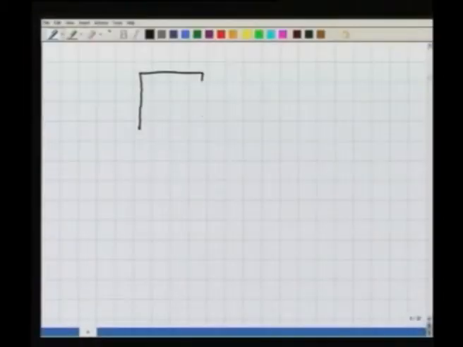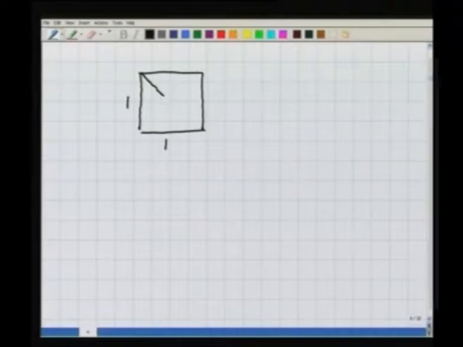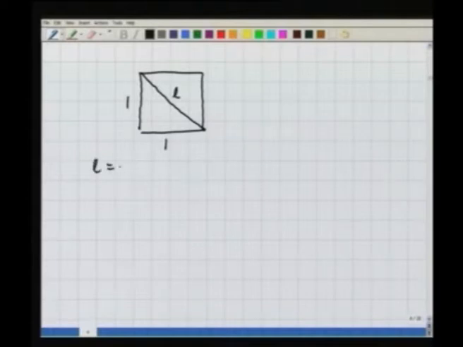Question is, are there any other numbers than this set of rational numbers? Well, we will see that that is the case. What we do is, let us take a square. So, this is a square with sides equal to 1, and then let us look at this diagonal. What is the length of this diagonal? If I apply Pythagoras theorem, it comes out that this diagonal, if I call it L, then L is actually √2.